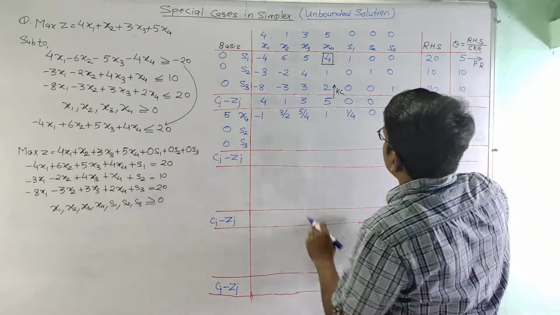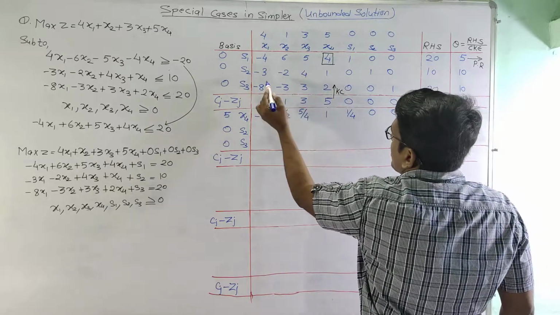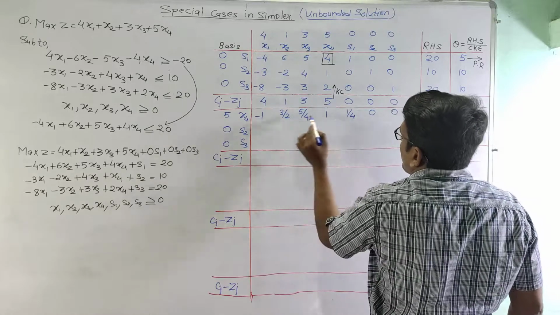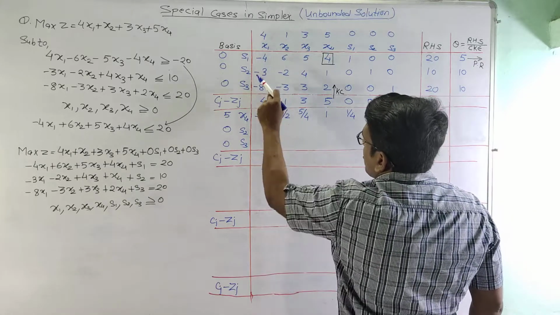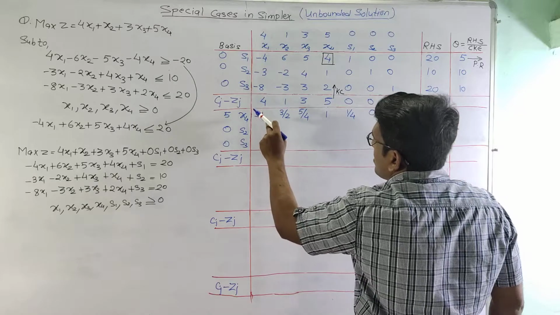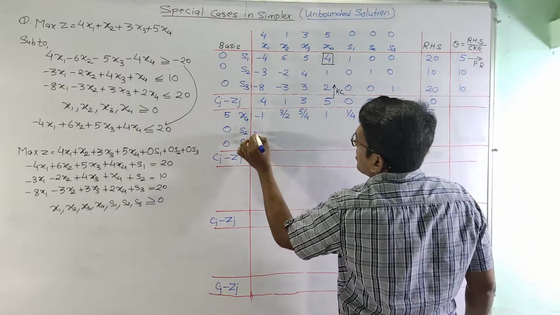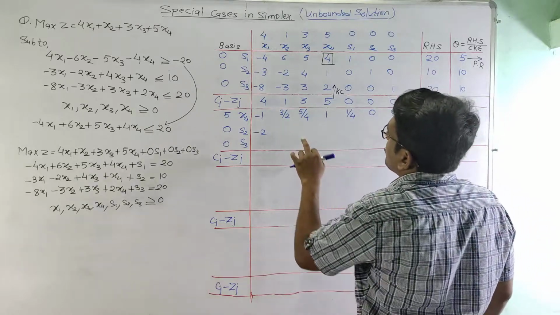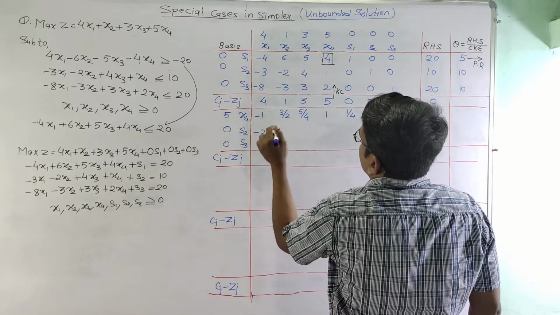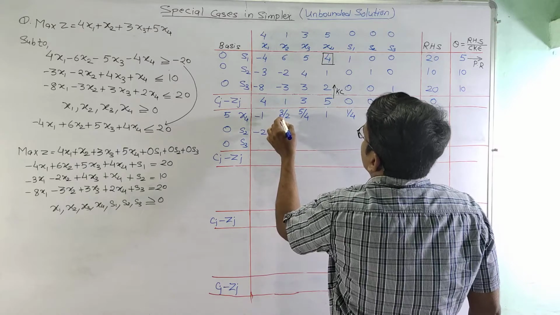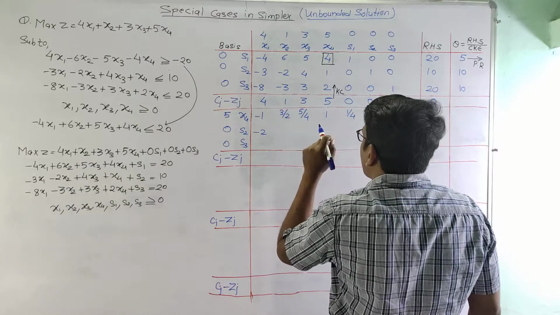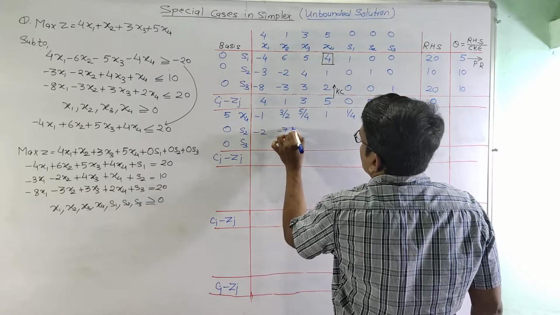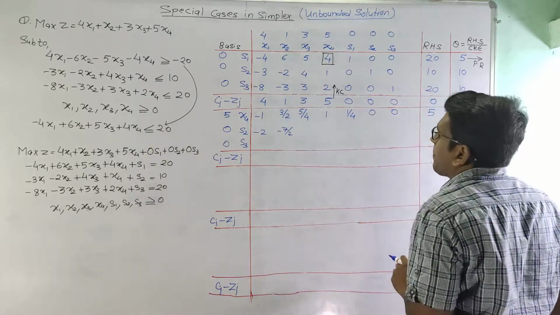Similarly, I need to make this 0. So what I'll do is row 2 minus the new row 1. So 3 minus of -1 means +1. So -3 plus 1 is -2. Then -2 minus 3/2, that is -7/2. Okay.